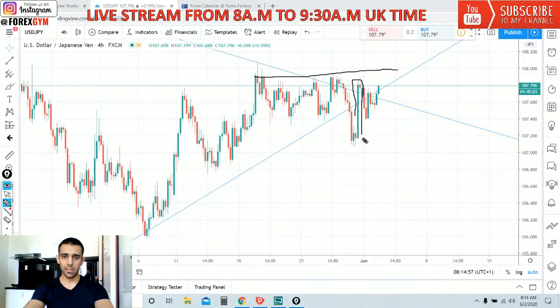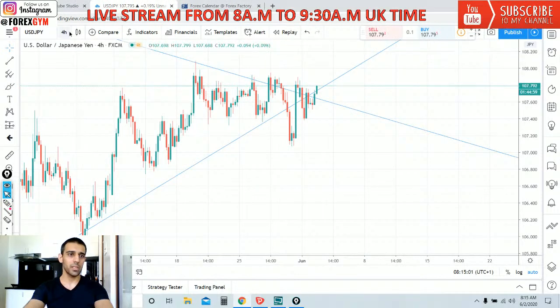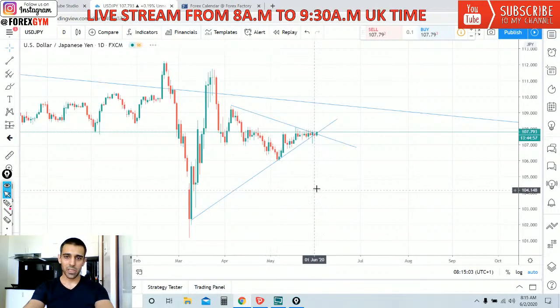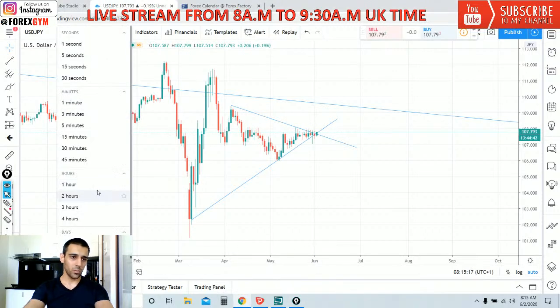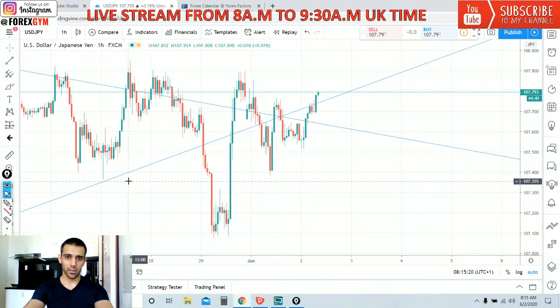It had this nice candle on the 4-hour, but it did not quite manage. I think this is still untradeable. If it's going to go up, I do want to see the price breaking this level up here on the daily time frame. So it really isn't doing much at all. Let's see the 1-hour time frame maybe.